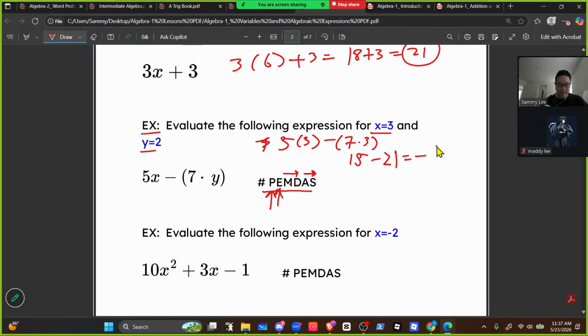So I got -6. Wait, it's supposed to be 7 times 2 because it's a y. Oh, you're correct. Sorry. So 15 minus 14. You're right. It's 1.